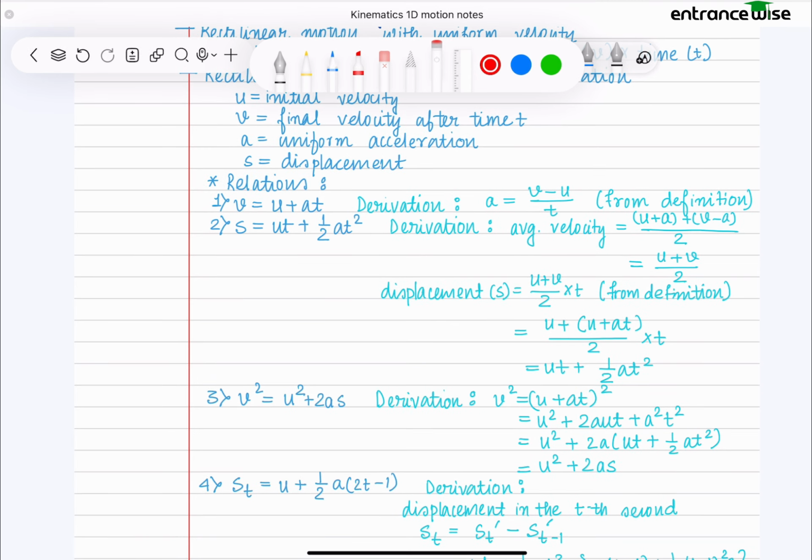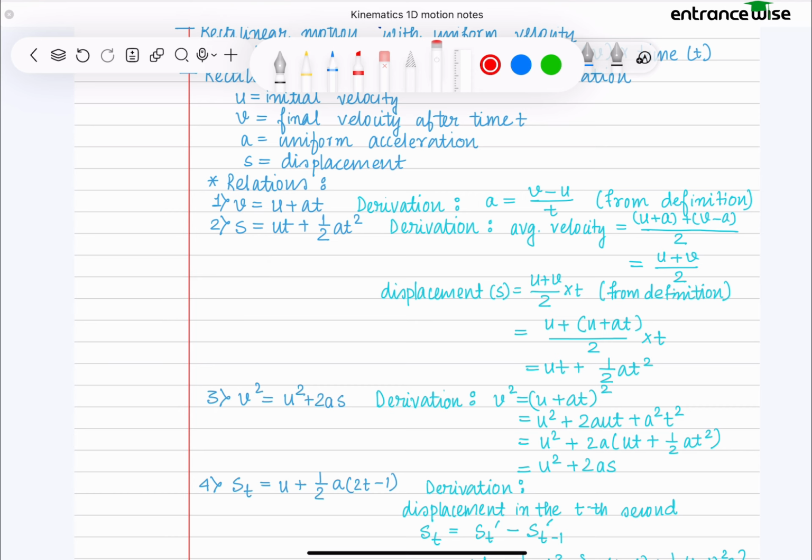Now let's talk about the derivation of S equal to ut plus half at square. We know that average velocity equal to U plus V by 2. And again we know that displacement equal to average velocity into t.